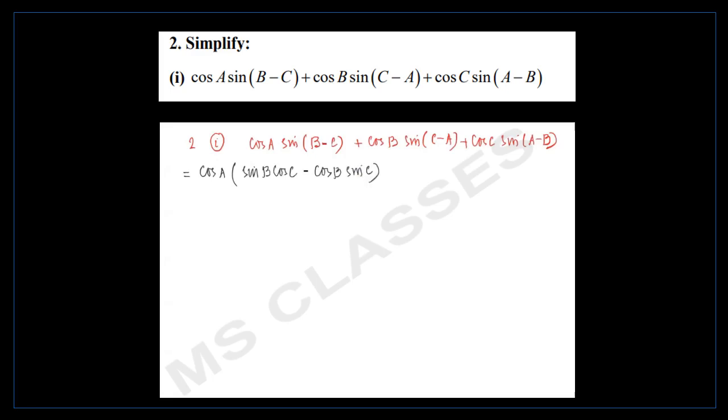Next, cos b into sin(c − a), we know the formula: sin c cos a − cos c sin a. Plus cos c into sin(a − b), that is sin a cos b − cos a sin b.